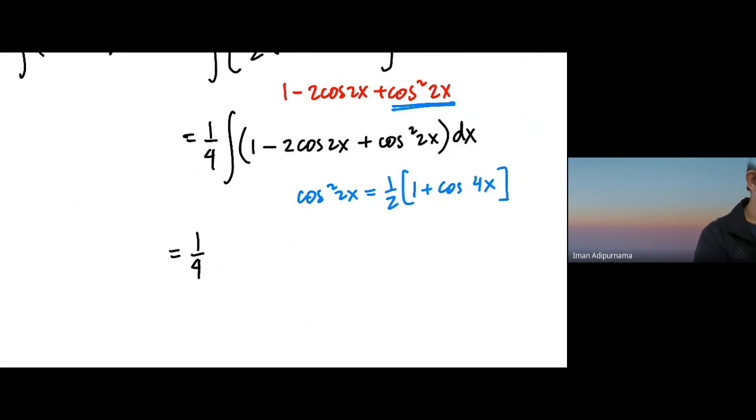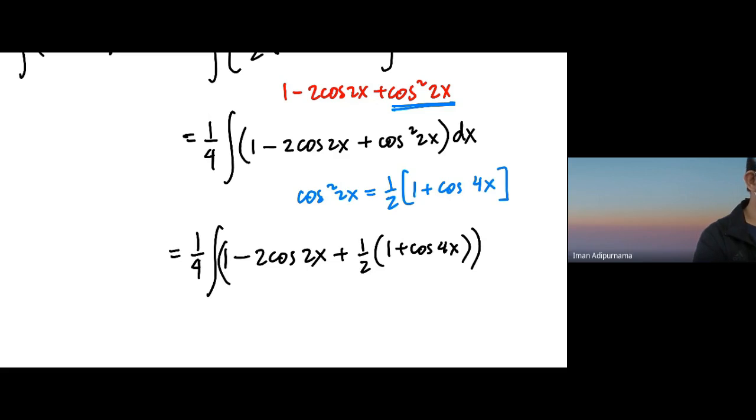So we will have 1 over 4, 1 minus 2 cos 2x plus, this is half 1 plus cos 4x. And then the whole thing you need to integrate with respect to dx.